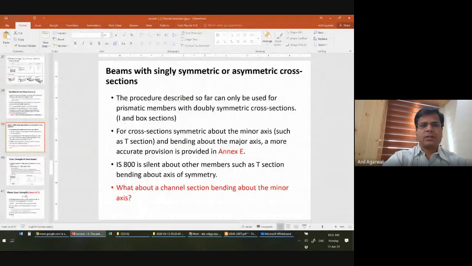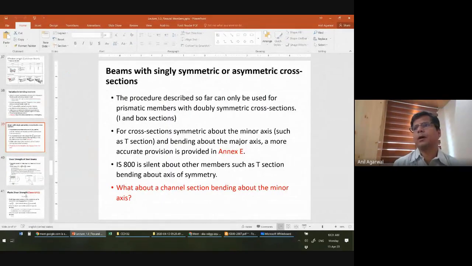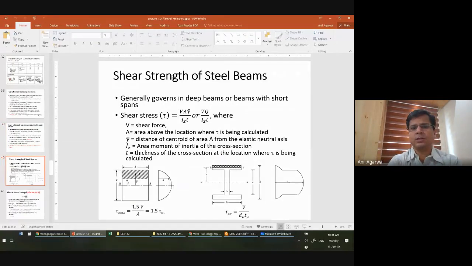With this, I suppose we have completed the discussion on the bending moment capacity of beams, mostly, right? Most of the important things that we needed to discuss.